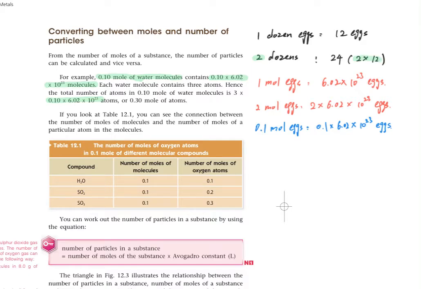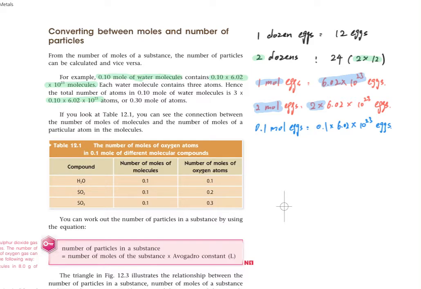Now we go back to molecules. If 1 mole of X is equal to 6.02 times 10 to the power 23 X, then how about 2 moles of X? How many X then? Use 2 times the Avogadro constant, 6.02 times 10 to the power 23, right?